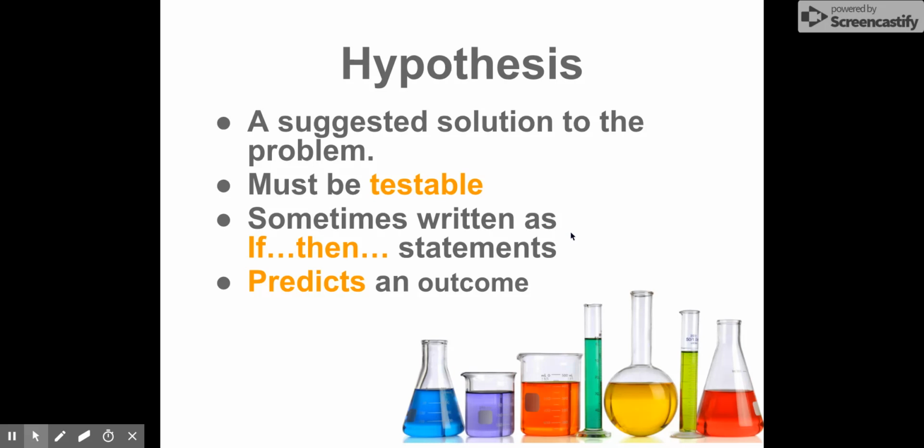Sorry, that came out really weird. And also the hypothesis typically predicts an outcome, so it gives what the outcome could be. So let's keep going. So that's the hypothesis of the scientific method.